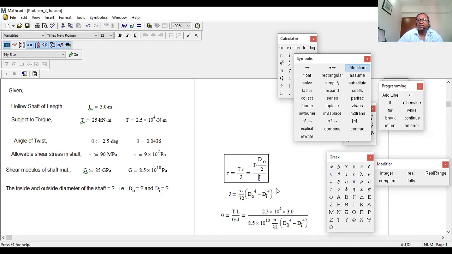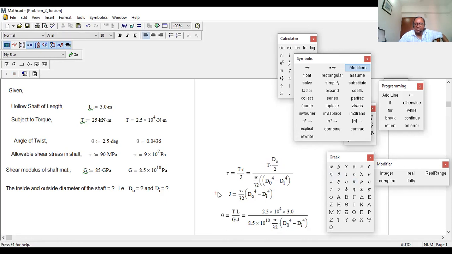We have pi by 32 into d naught to the power 4 minus di to the power 4, right?